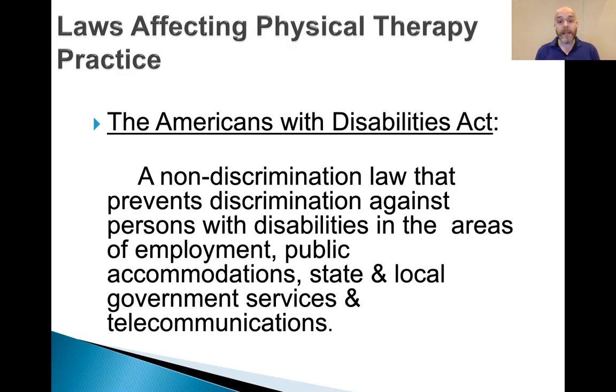Public accommodations means like hotel rooms, getting an apartment, things like that. State and local government services, so being able to get all the government services that are available to you, and telecommunications.